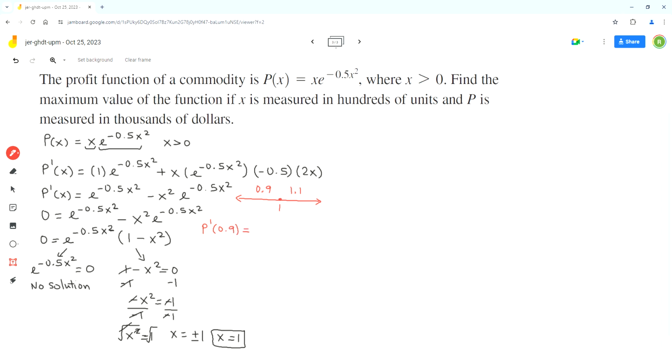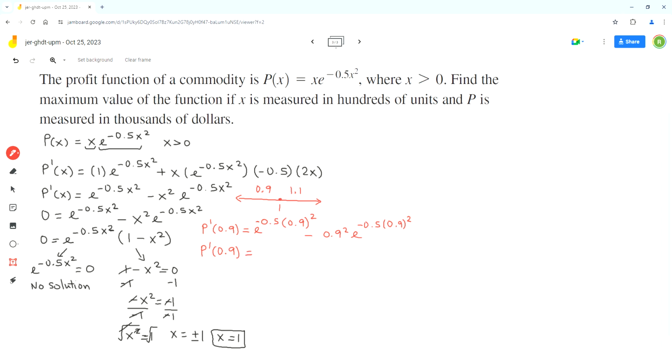So we sub in x as 0.9. Now we can evaluate this expression.